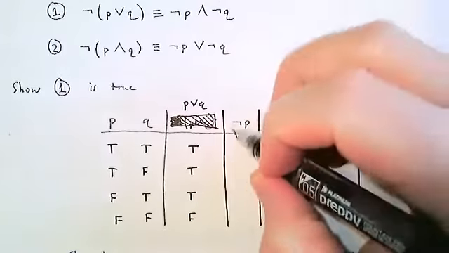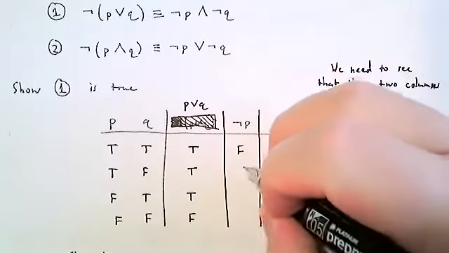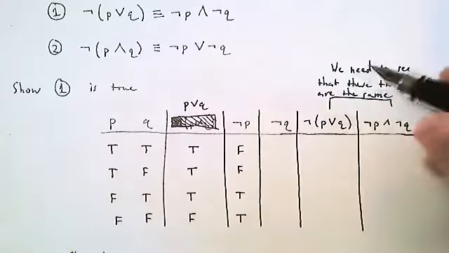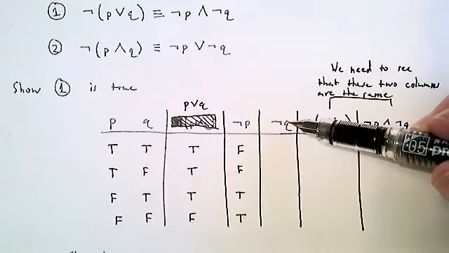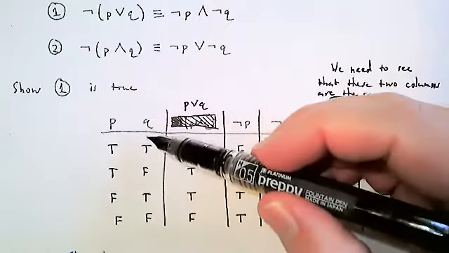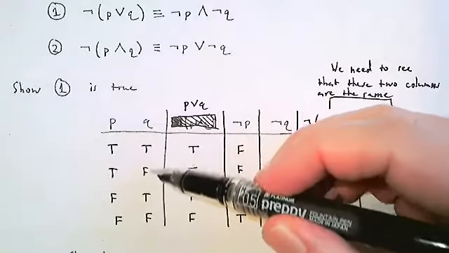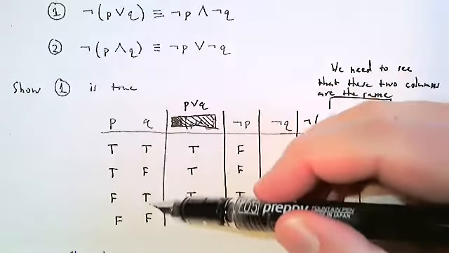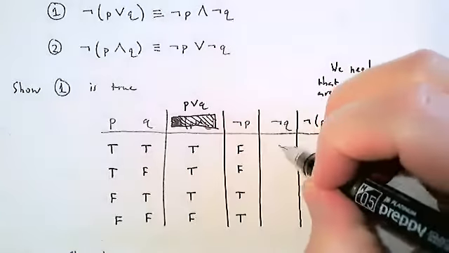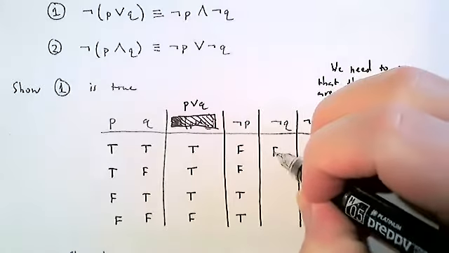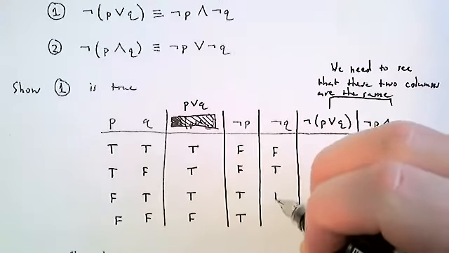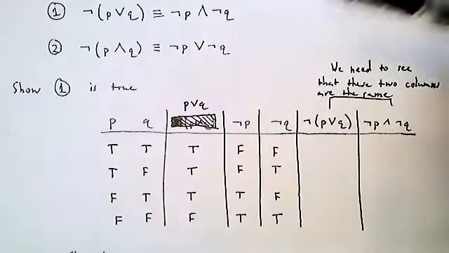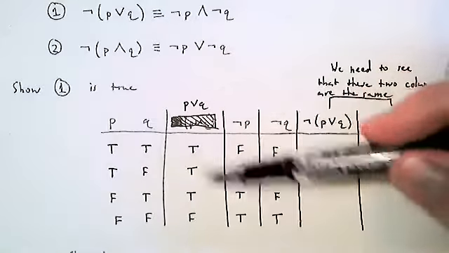That means we'll get a false, false, true, true. The negation of Q switches the truth values. Okay, good, that's the right answer. We're switching the truth values in this column. So we'll get a false, true, false, true. And these are all of our simple building blocks.